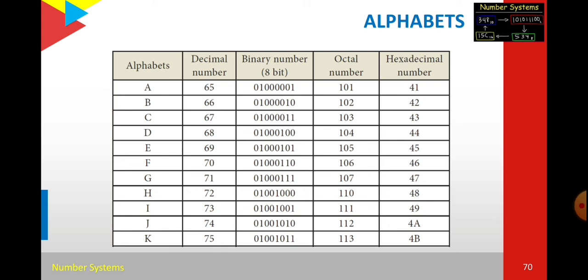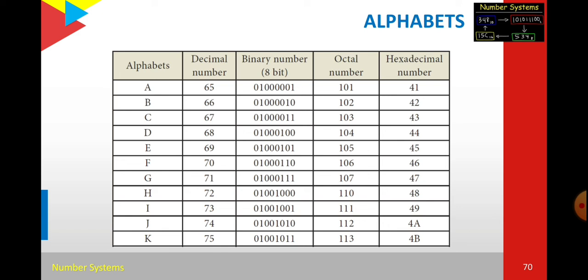We already discussed how to convert a decimal number into binary, octal and hexadecimal. You can use repeated division by 2 for binary, repeated division by 8 for octal, and repeated division by 16 for hexadecimal. We can find the value for each and every number. For the alphabetical characters, the codes are already defined in the computer, so there is no need to convert them yourself to store them.